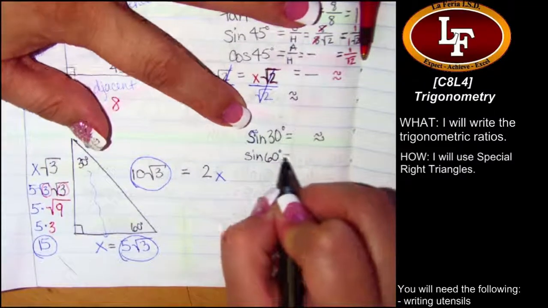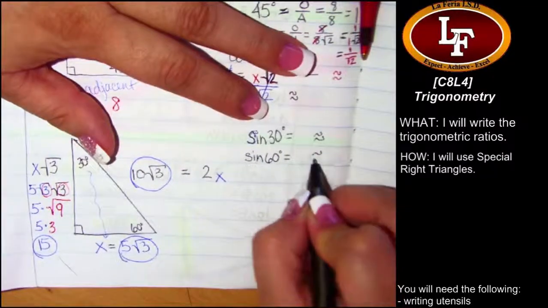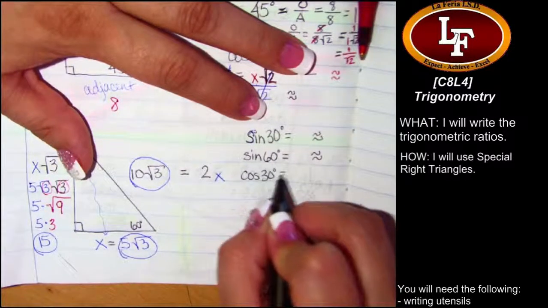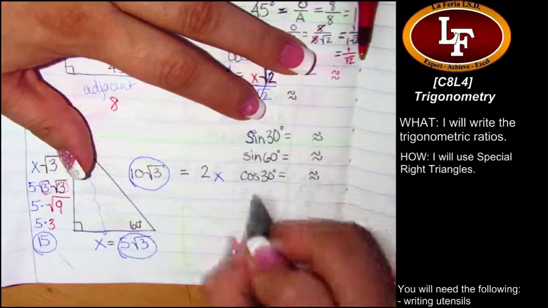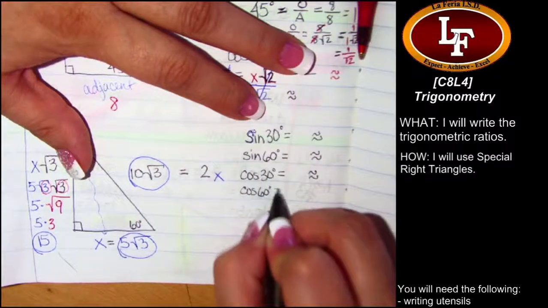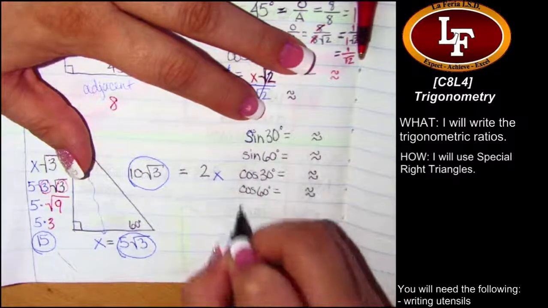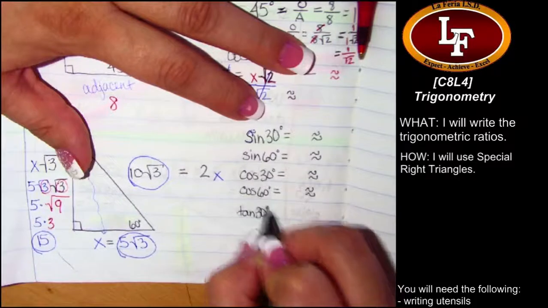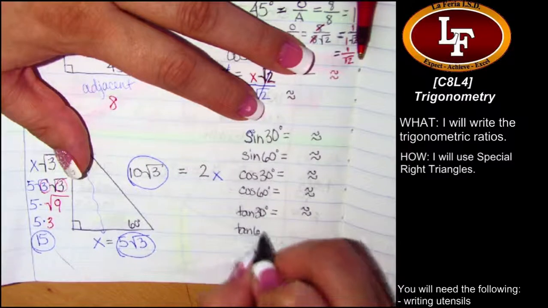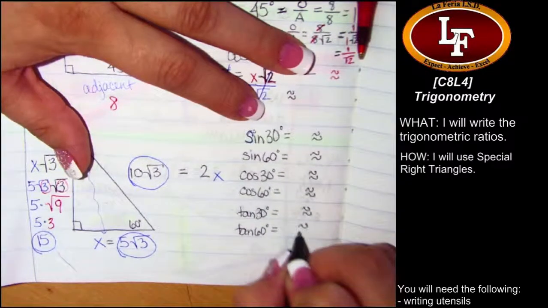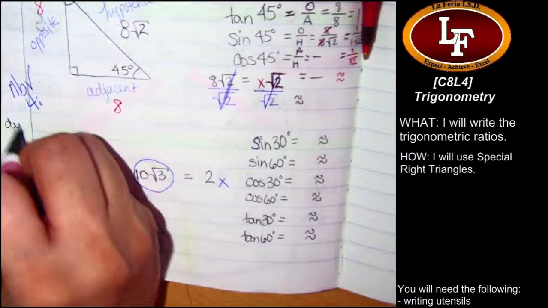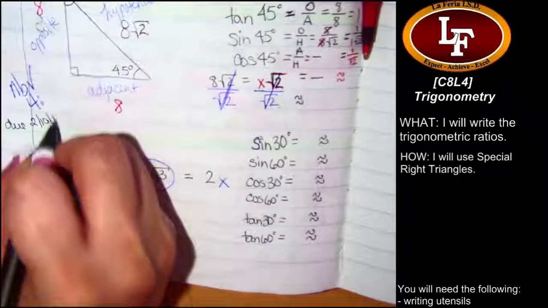You're going to find the sine of 60, fraction reduced please, and the decimal. You'll be finding the cosine of 30 as a fraction and as a decimal. You'll be finding the cosine of 60 as a fraction, as a decimal. You'll be finding the tangent of 30 as a fraction, as a decimal, and the tangent of 60 degrees, fraction, and decimal. Please make this notebook check due no later than tomorrow.